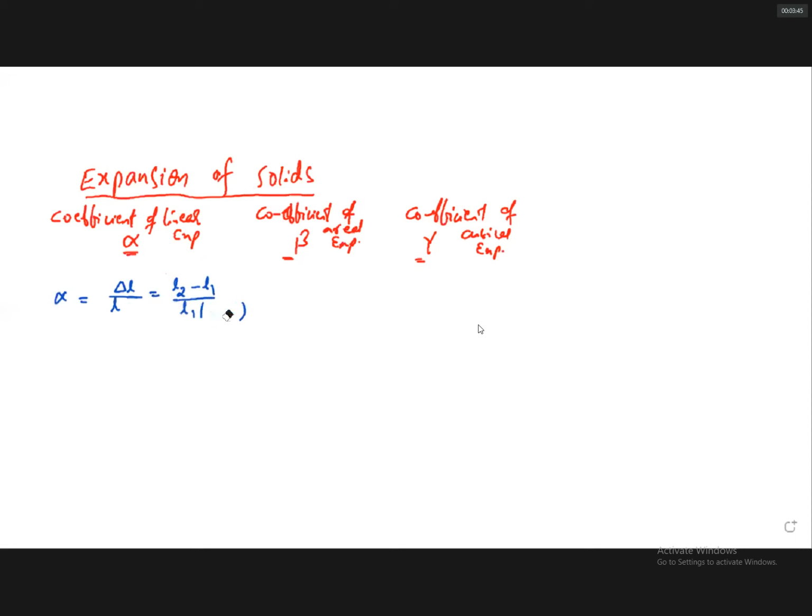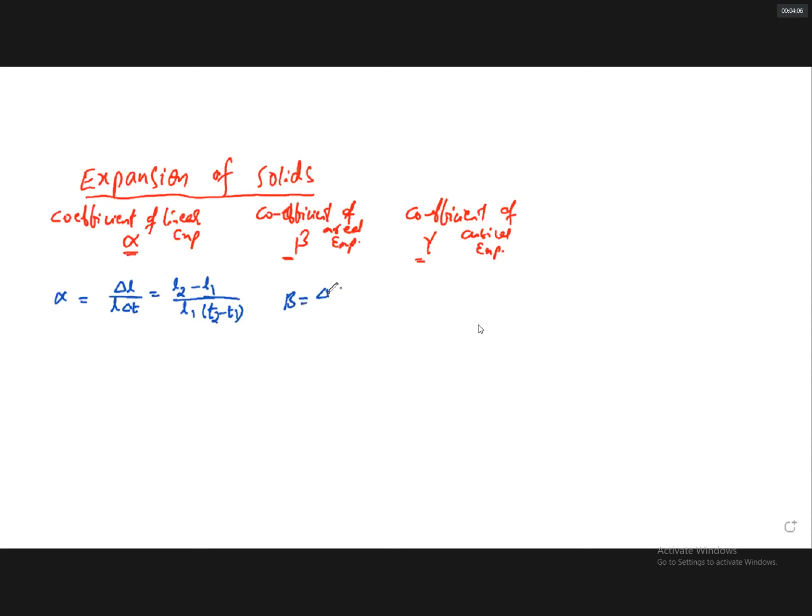Instead of delta theta, we can use delta T, where T2 minus T1 is in degrees Celsius.